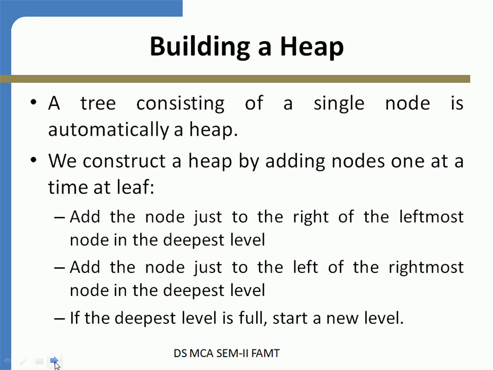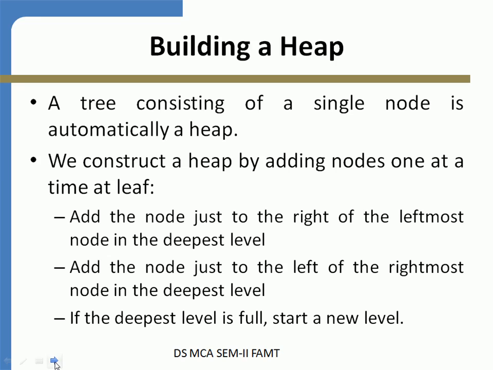Now as we know, if there exists a single node, that is nothing but root, then the tree is a heap. Whenever we add the next node, it should be added to the right of the rightmost node in the deepest level, or try to start a new level.